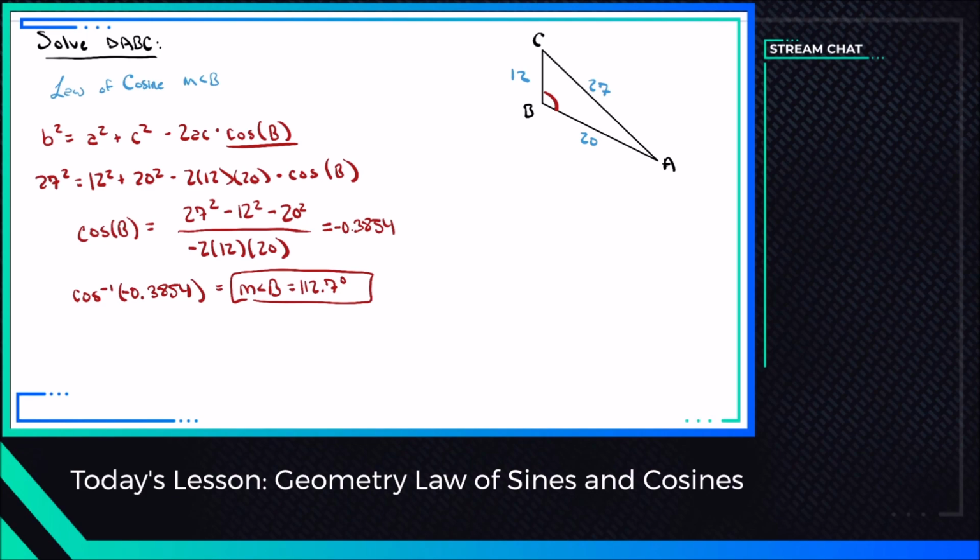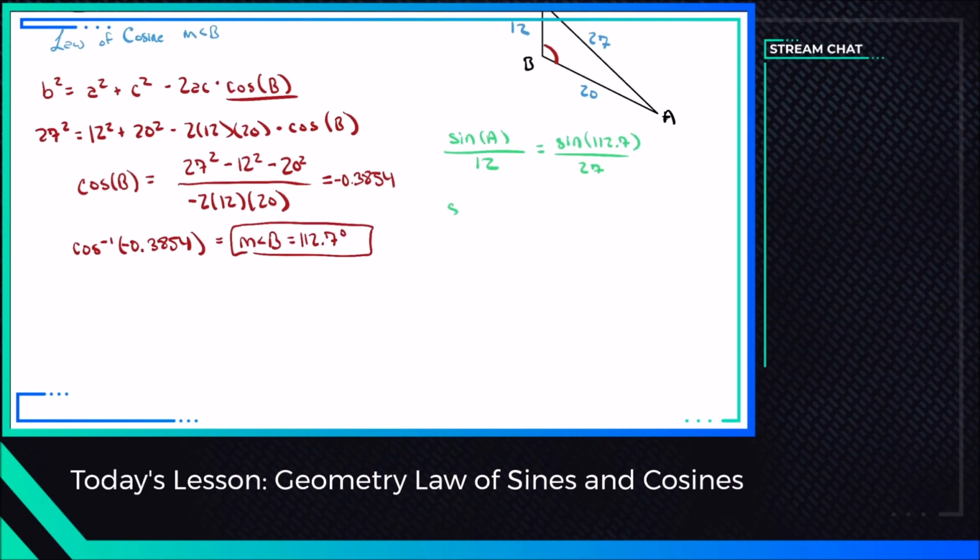And then why don't we use the law of sines to find our missing angle A. So the sine of A over 12 is going to be equal to the sine of 112.7 divided by 27.